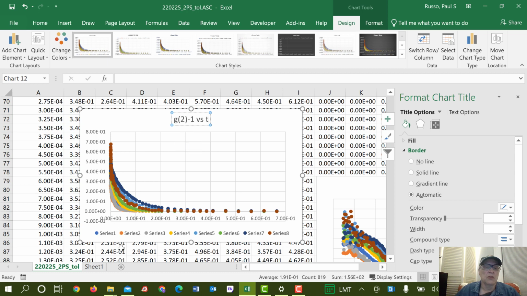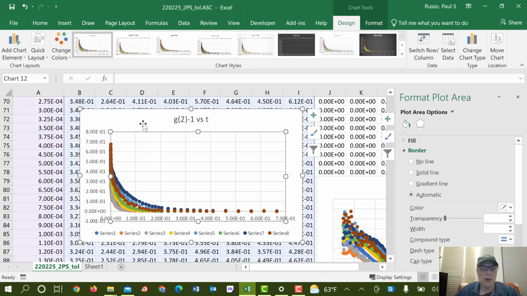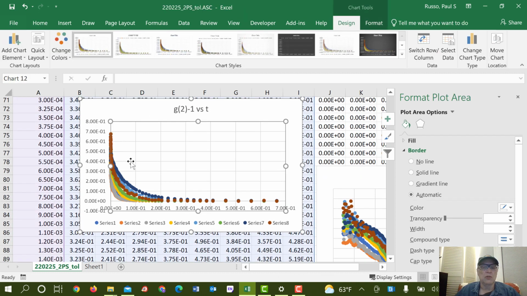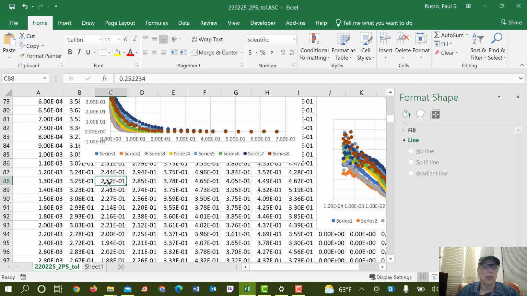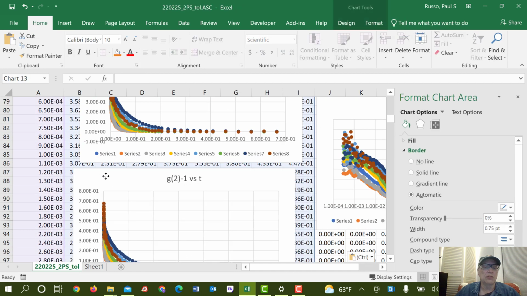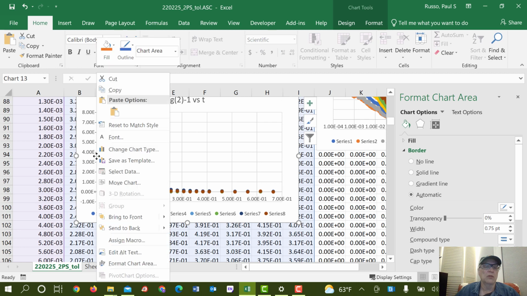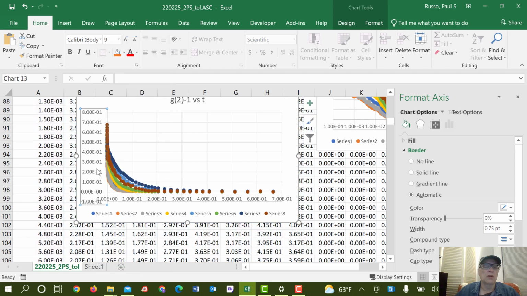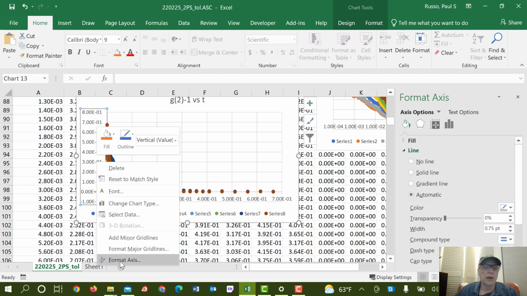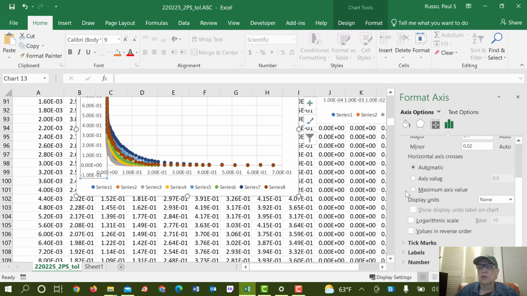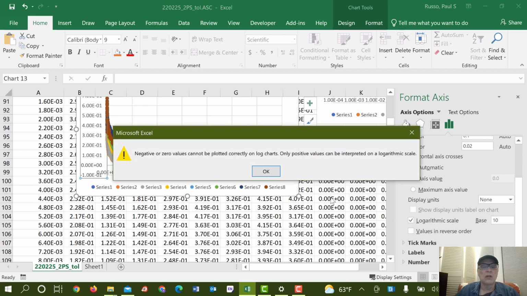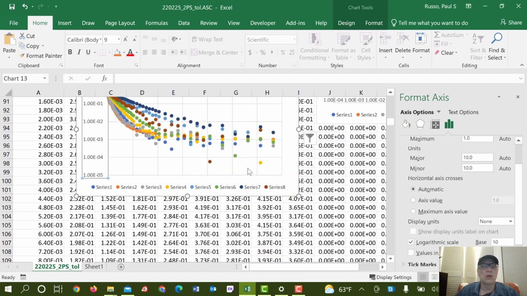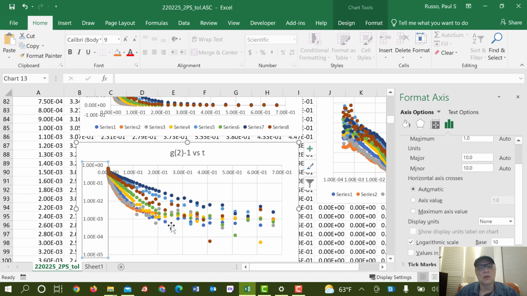Okay, so maybe this is the best one to just copy and use as our basis for making the 4 plots. So there's linear. Let's make this one semi-log, or log, which means logarithmic of this thing. Oh, come on. Format axis. Log it. Yes, we know. Aha! Okay.